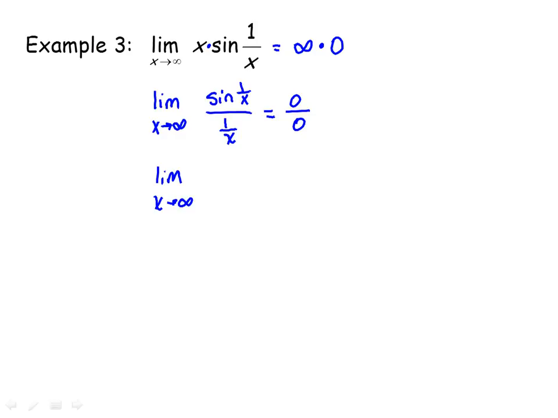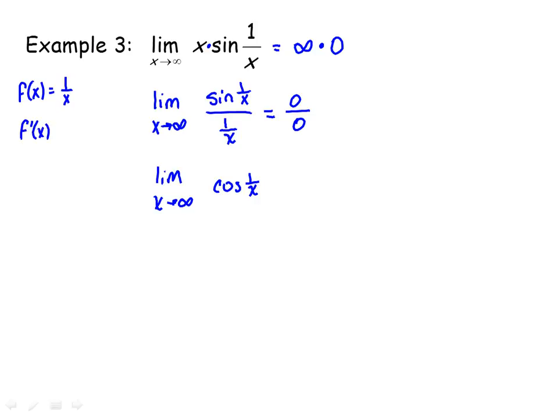Derivative. L'Hopital's rule. What is the derivative of sine of 1 over x? We're going to have to do this in a minute anyway. If f of x is 1 over x, what is f prime of x?